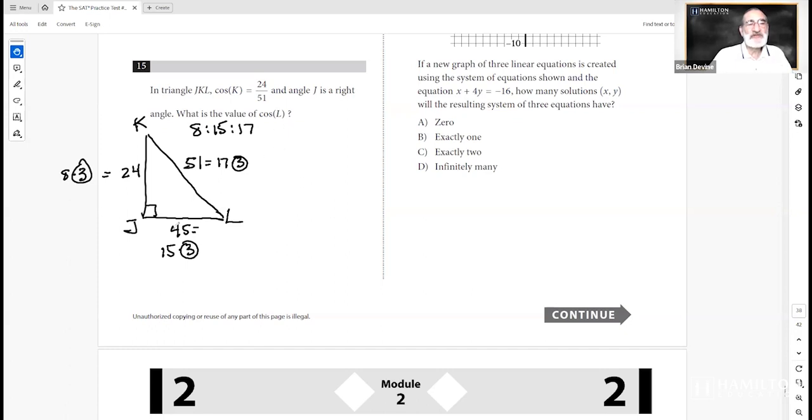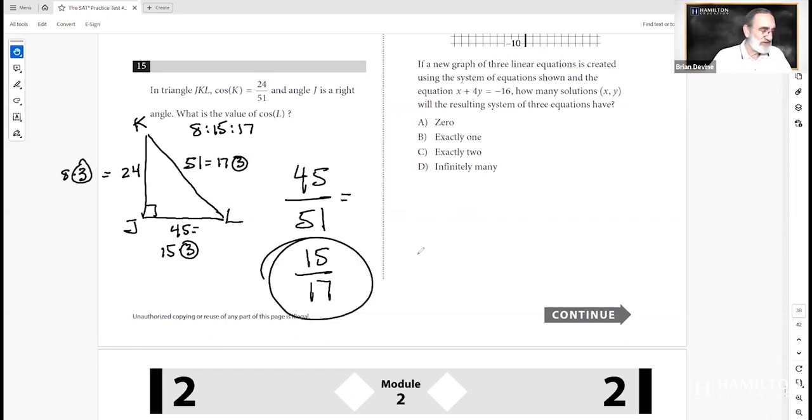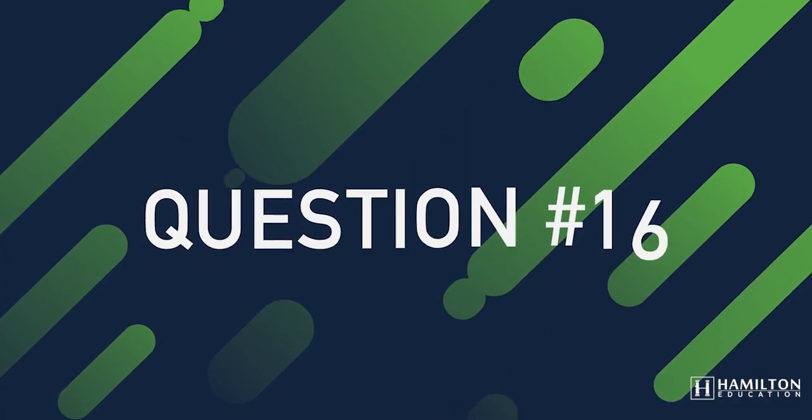Well, then the cosine of L is going to be 45 over the hypotenuse, which is 51, which we could also write, as we know right now, as 15 over 17. So there's your answer.